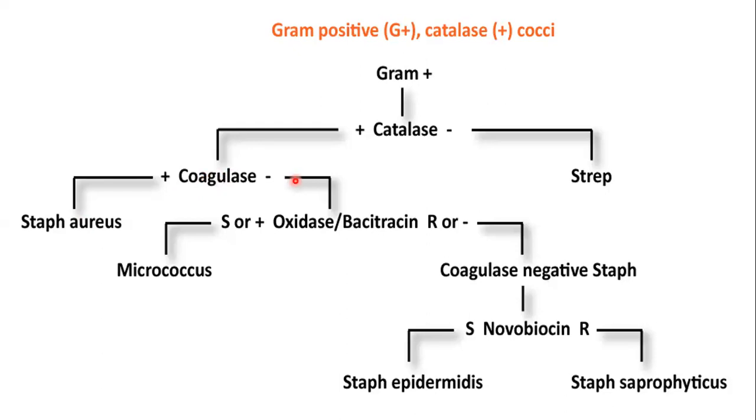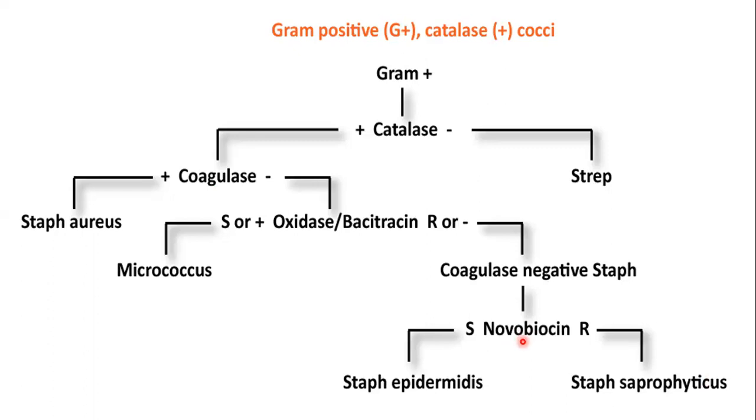Now, under CONS, we have generally two. Coagulase negative Staphylococcus. Now, to differentiate these two, Staphylococcus epidermidis and Staphylococcus saprophyticus, we do novobiocin sensitivity testing.